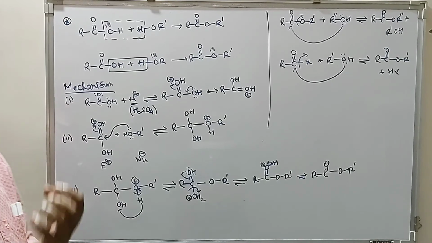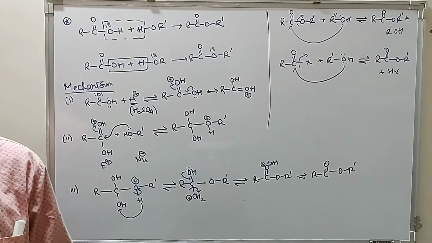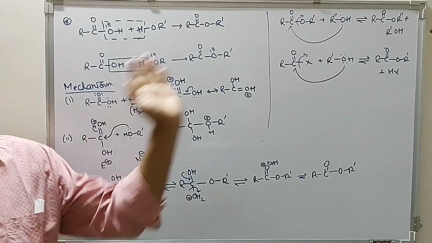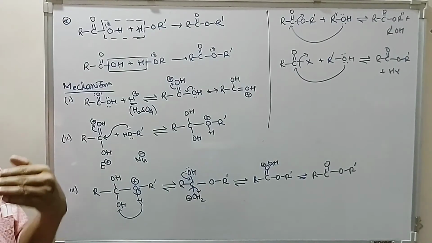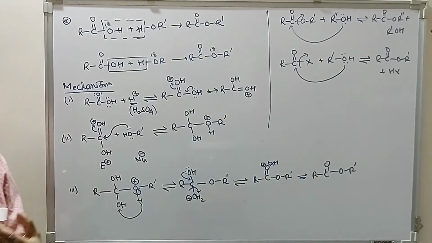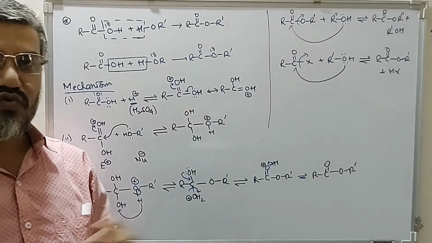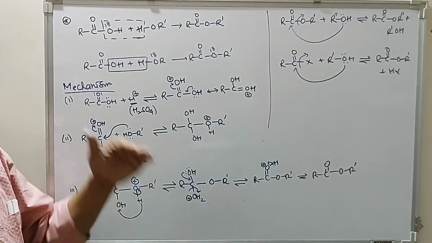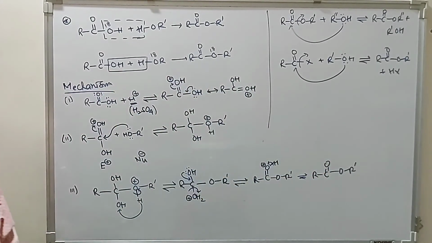So for this reaction, the requirement is that the acidic character of alcohol should be more, so that the reaction becomes faster, and this is in the forward direction. And we have discussed the acidic characters of alcohol, that is methyl alcohol is the most reactive and tertiary alcohol is the least reactive for this reaction.